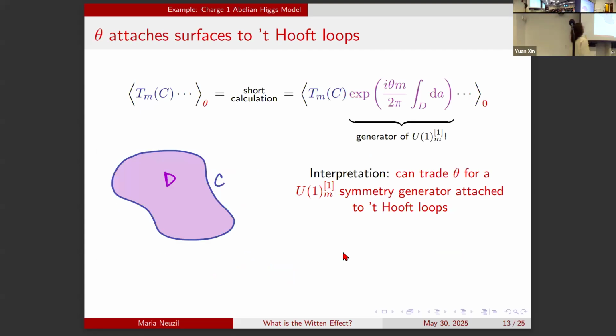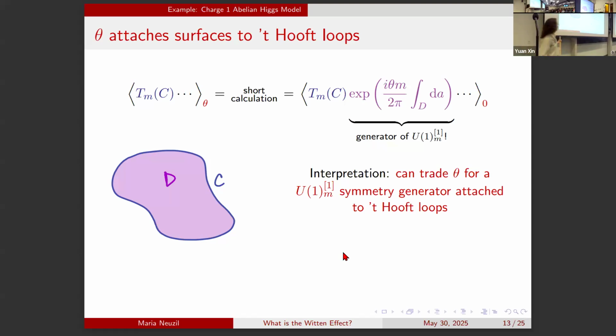So very schematically, you can see this by just evaluating some correlation function of a nice 't Hooft loop with magnetic charge m in the presence of theta. And what you're going to do is just take the theta dependence in the partition function and remove it from the partition function, and then you just end up with the insertion of some other operator. So you take theta out of the partition function, so now you're in a theory with no theta at the expense of introducing this new operator that has theta dependence.